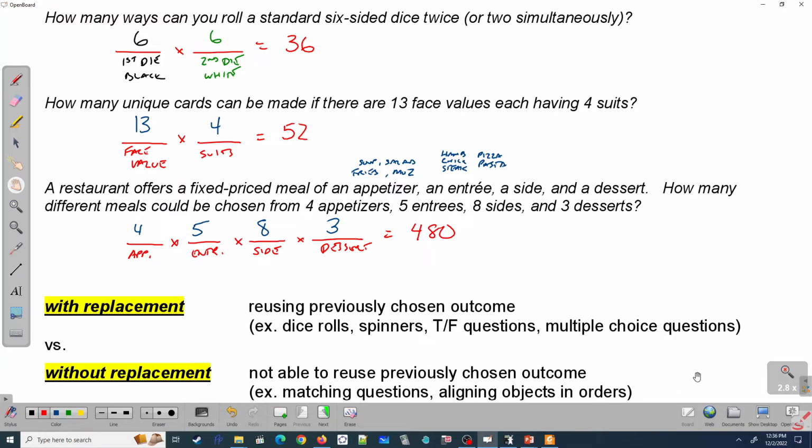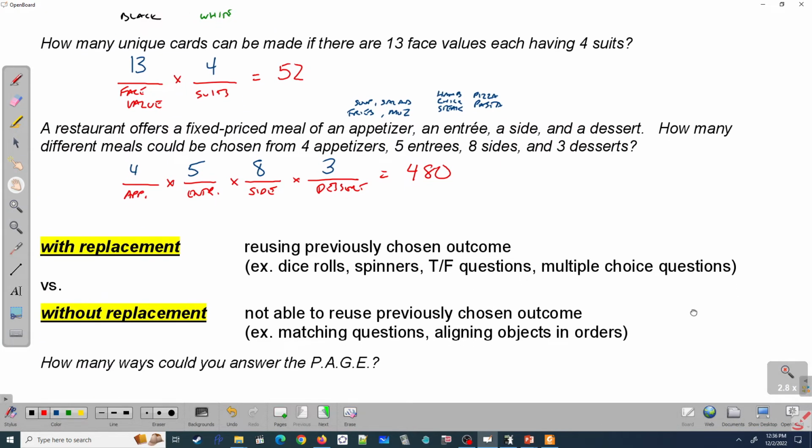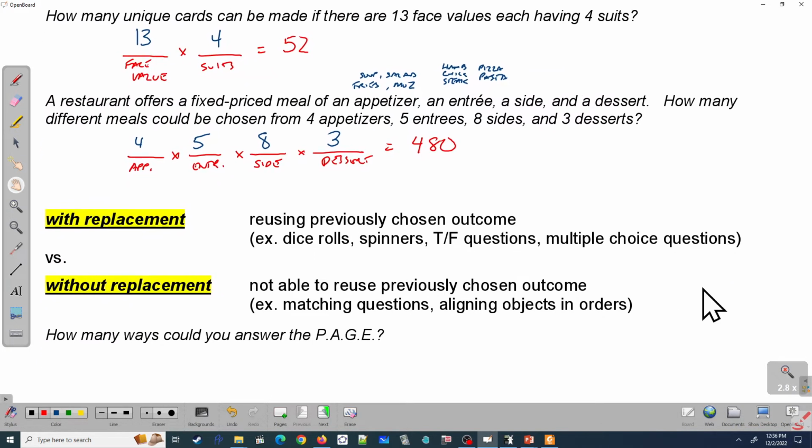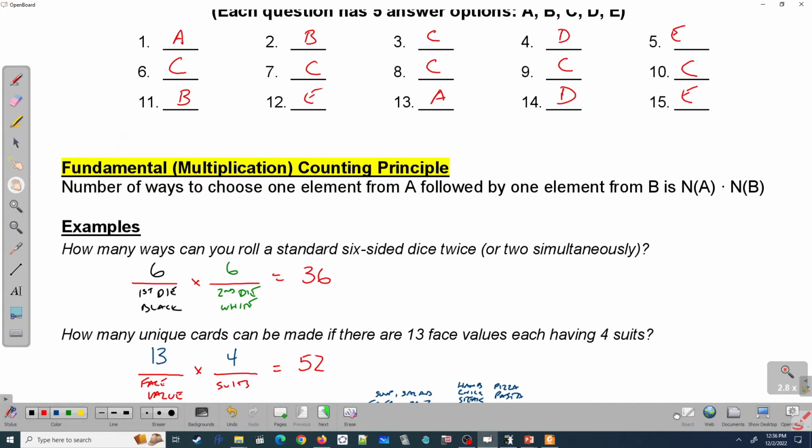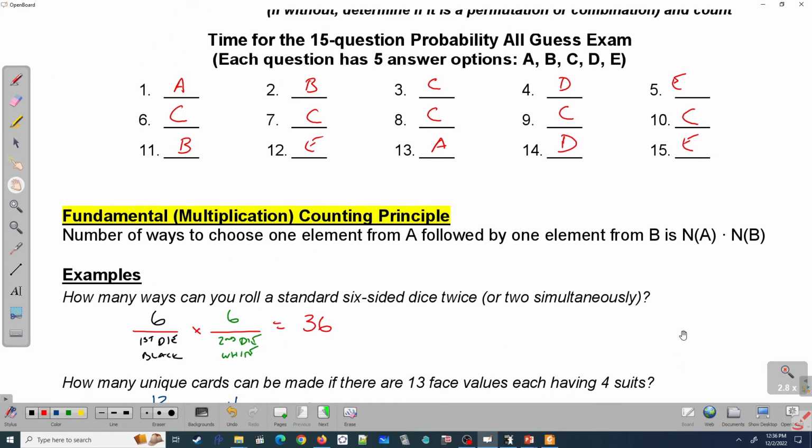And so where I'm going back to this is how many ways could I have answered my probability all guess exam, meaning this test up here at the top. And so what I need to realize is how many ways I could have answered. Well, this one had 5 choices, 5 options, 5 multiple guesses.